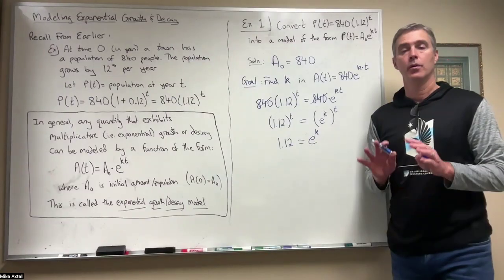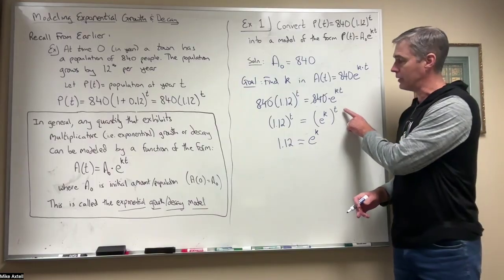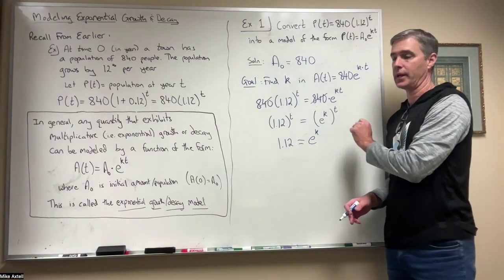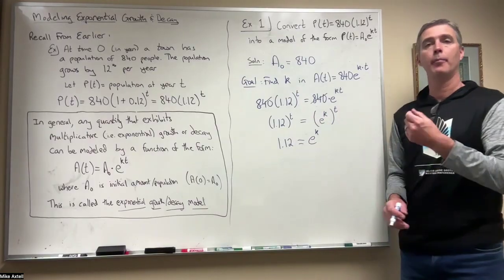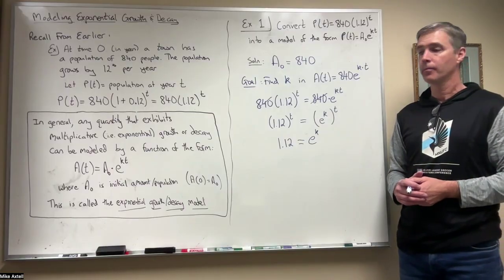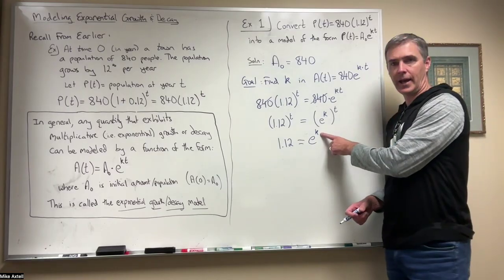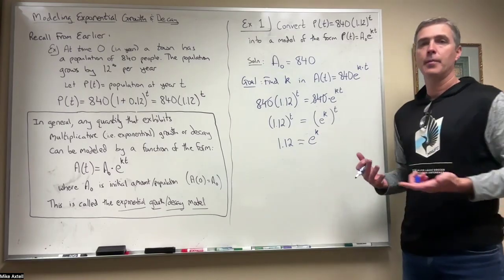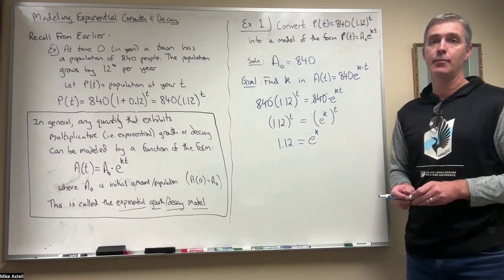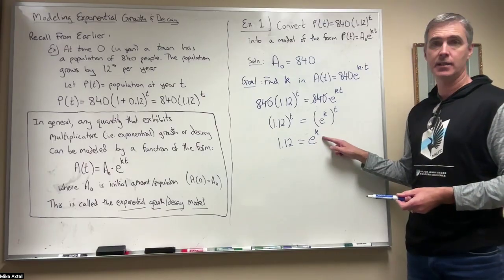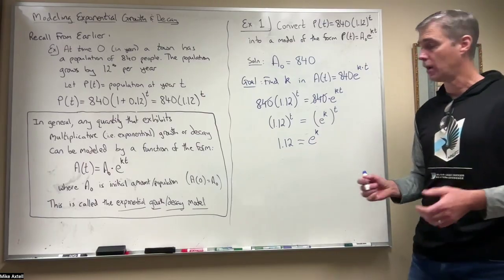Another way of saying that, I could take the tth root of both sides to kill off the tth power. So I'm left with this, and I've got to get the value of k out of here. It's up in the power, but I have a really handy object that destroys e to the x's, the natural log.